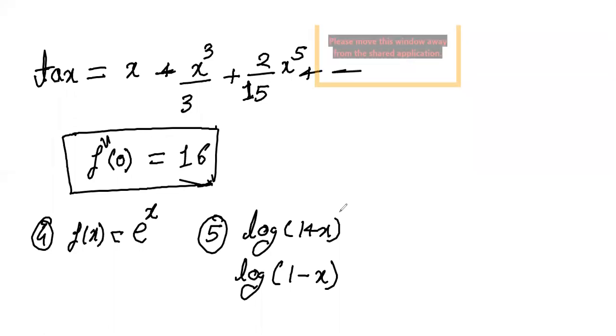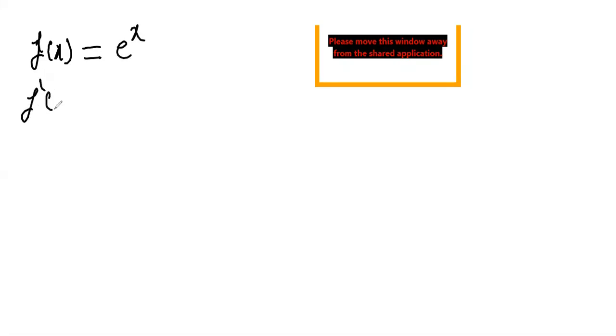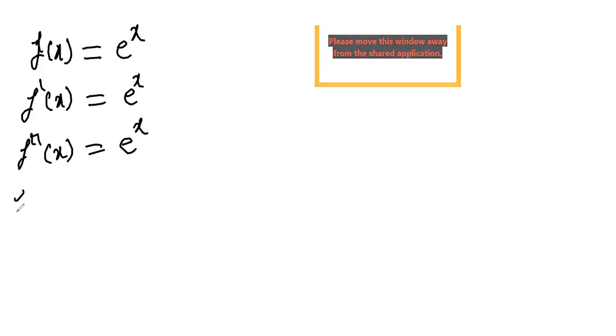So next is, if f of x is equal to e to the power x, then f dash x will be the same. f double dash x is again e to the power x, f triple dash x is again e to the power x.